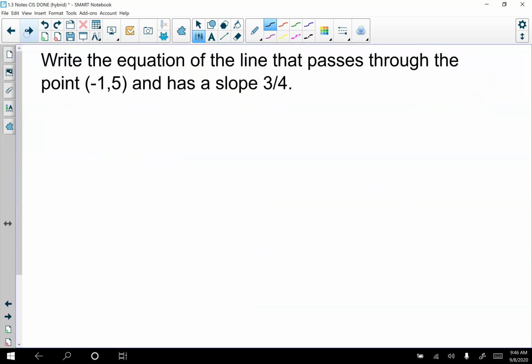I'm going to get back to this lone problem. This is another problem where I'm writing an equation of the line that passes through that point and has this slope. So if I had y equals mx plus b, I know that my x is negative 1. I know that my y is 5.